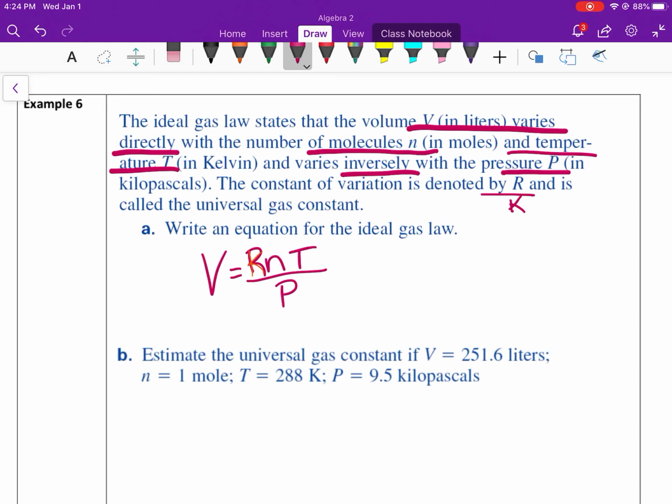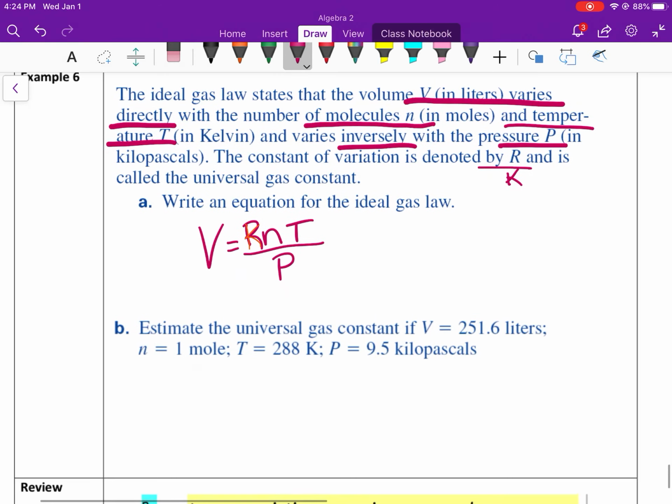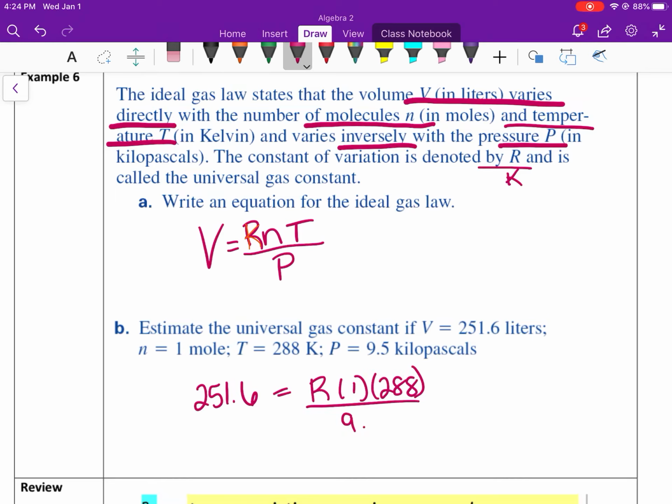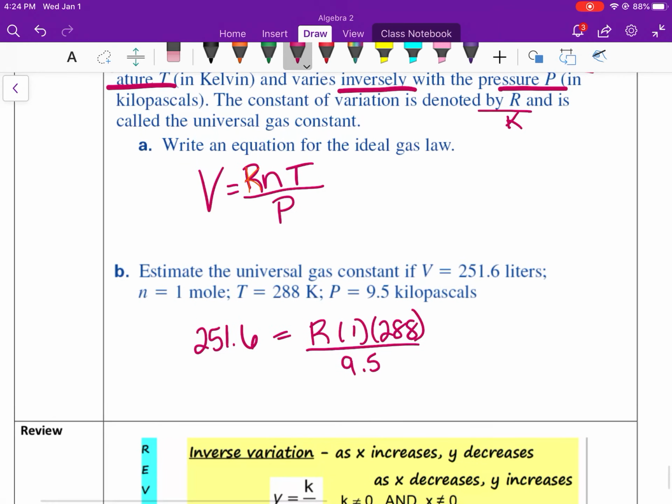Now it says to estimate the universal gas constant if the volume is 251.6 plugged in for V. N is 1, T is 288, and P is 9.5. So essentially I get 288R over 9.5.